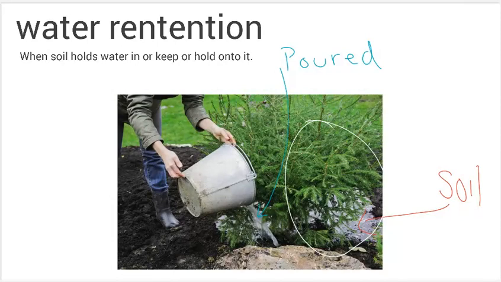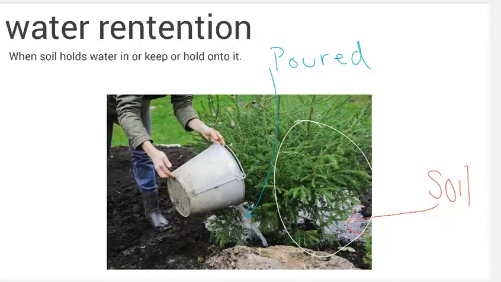So we have water that's being drained and water that's being retained, and we're going to talk about those things today. Sometimes water is retained in the soil, and sometimes soil can only hold so much water. Once it holds so much, after a while it can't hold that water in, and that water becomes drained.